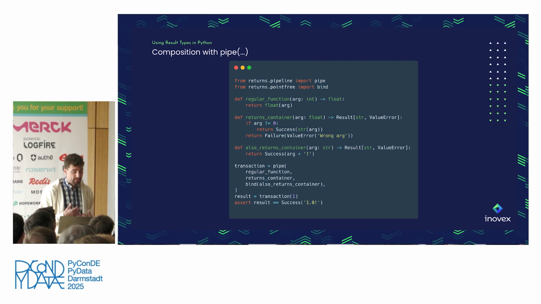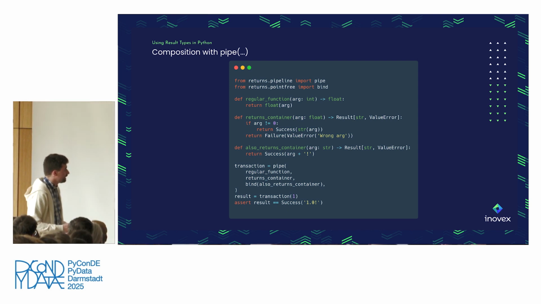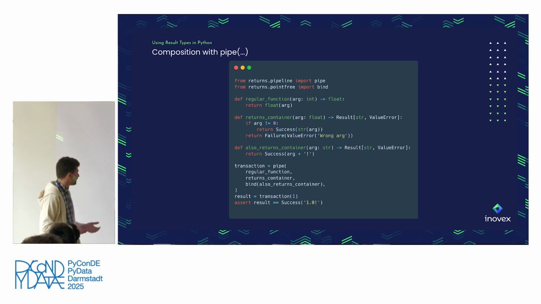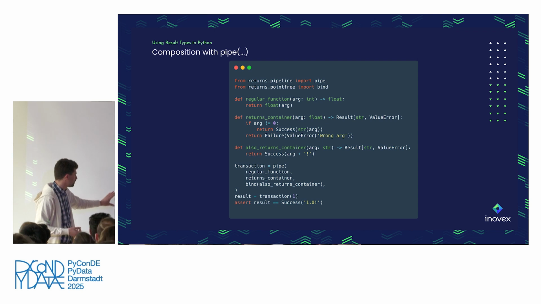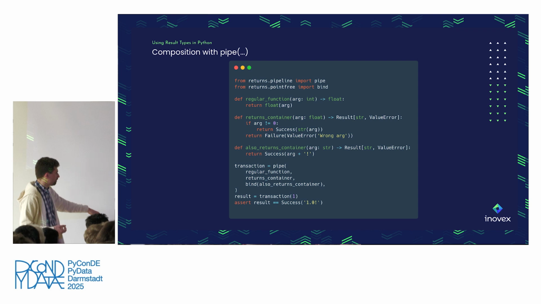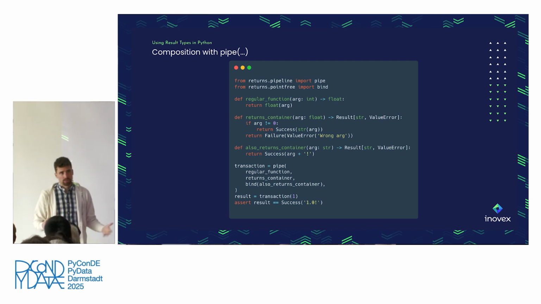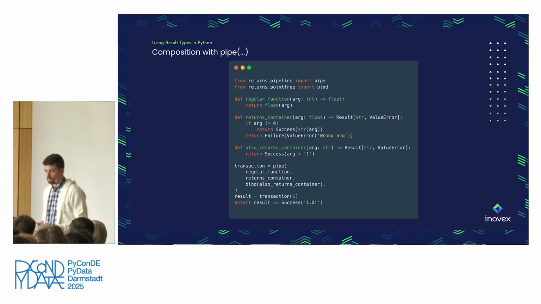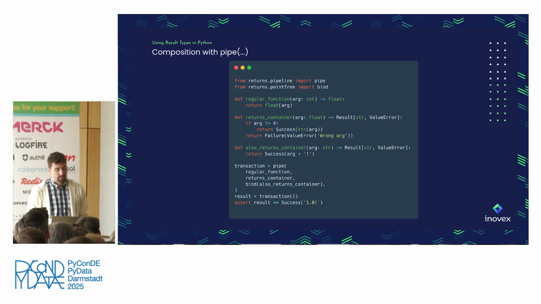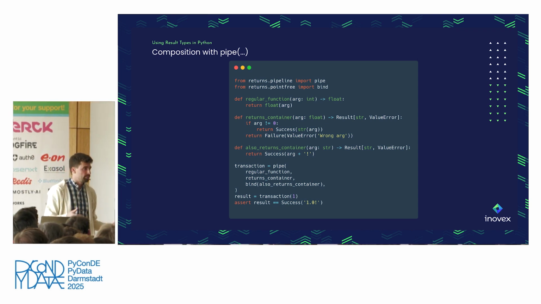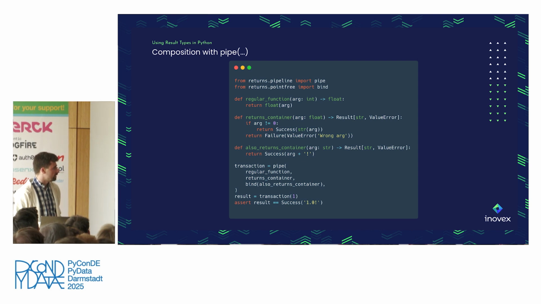Returns has a lot of additional functions like pipe, where, since the time is quite short, I don't want to go into details. But let's say you have your functions here, and you just want to pipe through a value and use the result type again as an argument to the next one. Then you can compose those different functions really easily, and pipe takes care of whether the result was an error or not.